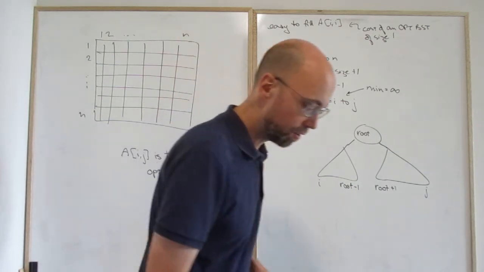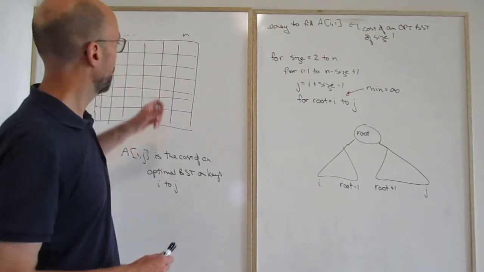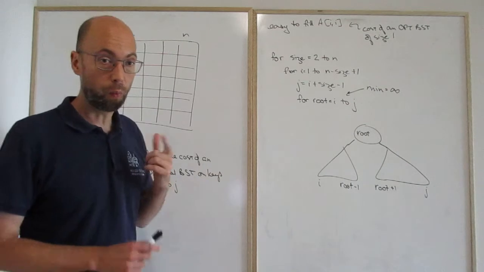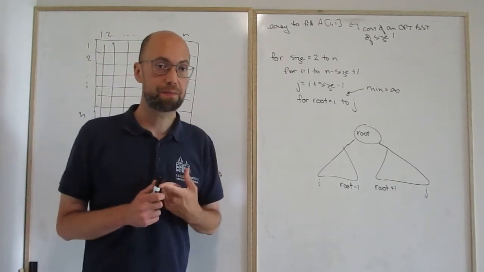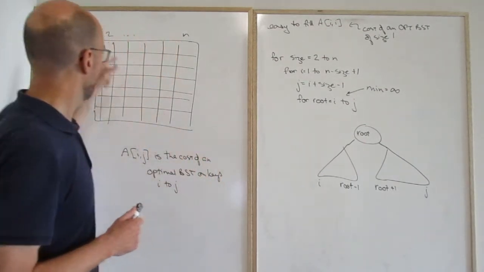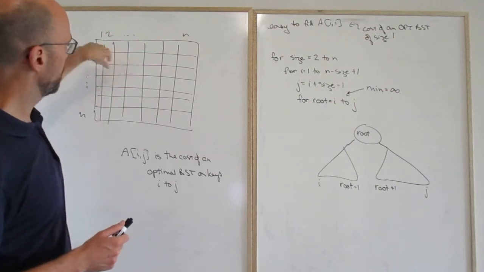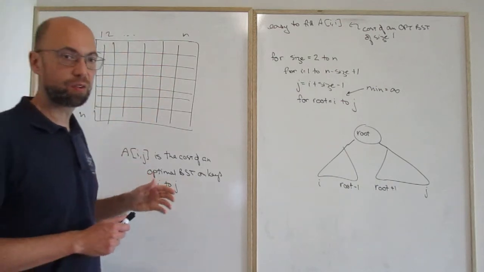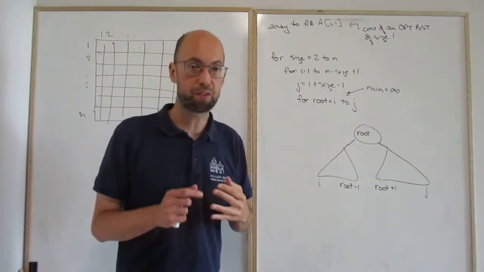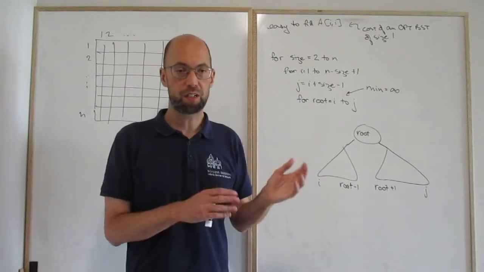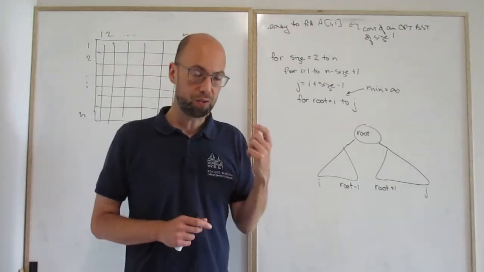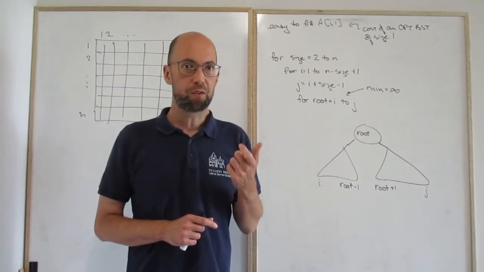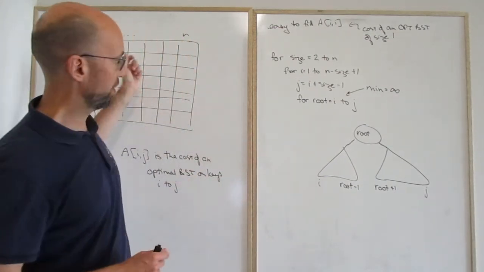So, how long does this take? Well, the two things I wanted you to see in this case are, one, you're not filling it in row major or column major, you're filling it in diagonally. So you don't just say for i equals 1 to n, for j equals blah blah blah. You do this size thing, and the size is going to be the diagonal.